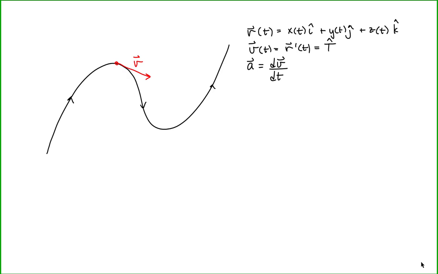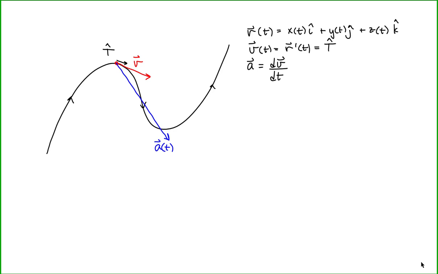And actually, let's exaggerate this acceleration vector so I have more room to play with. Here is our acceleration vector as a function of t for this curve. Now notice, relative to our velocity vector, and again, the velocity vector is parallel to a unit tangent vector at that point.